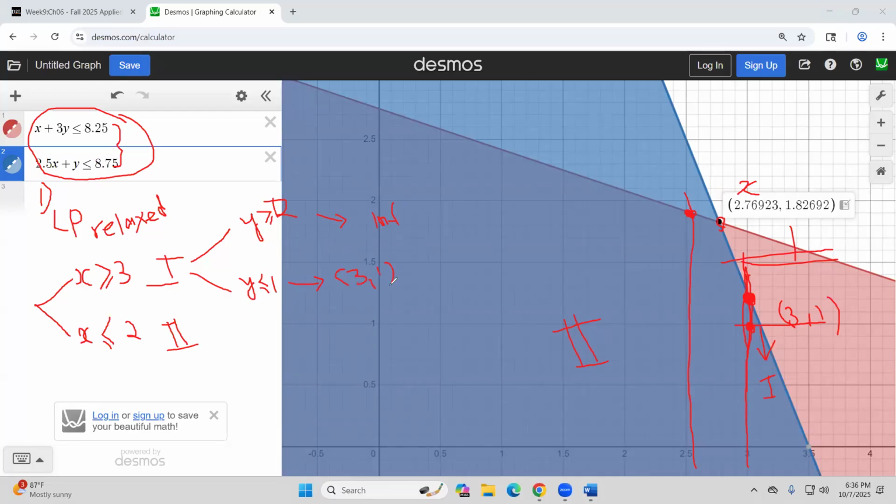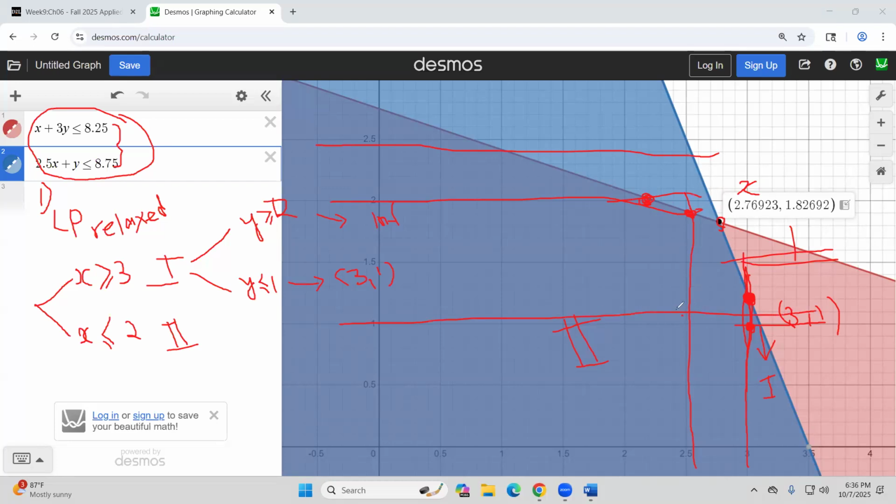Okay, makes sense? Now I have this area as well. So here, one of them is going to be Y greater or equal to 2, right? So this area, and you're going to get this as the optimal solution. The other one is going to be Y less than or equal to 1.